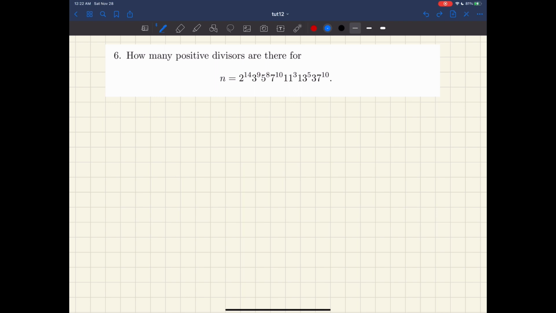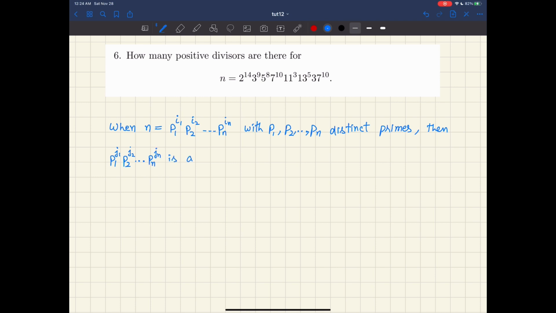So when n is equal to p1 to the power i1, p2 to the power i2, and so on till pn to the power in, with p1, p2, p3, and so on till pn being distinct prime numbers, then p1 to the power j1, p2 to the power j2, and so on till pn to the power jn is a divisor of n for all j between 0 and i.